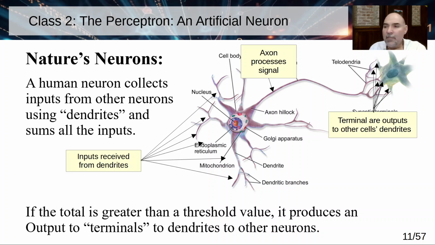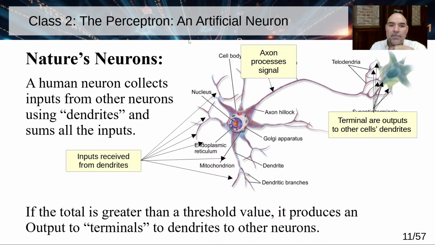So if we break this down into the three major components, we've got inputs. Those are on the left there, coming into the dendritic branches. All that gets pulled into the nucleus, which sums it up. And then the axon processes the signal, including the summation and the threshold.